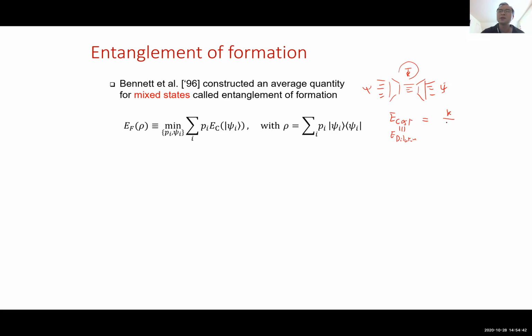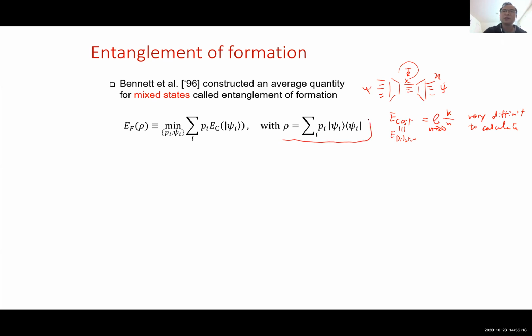It's k over n, and actually it's in the limit where you supply many copies of k and distill many copies of n. This is almost impossible to calculate. So for mixed states, it's very difficult.